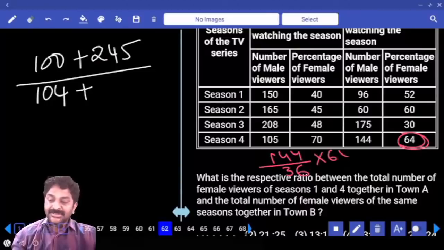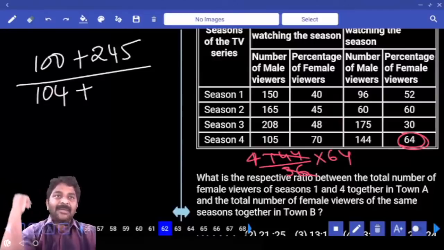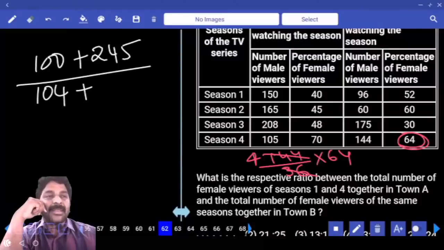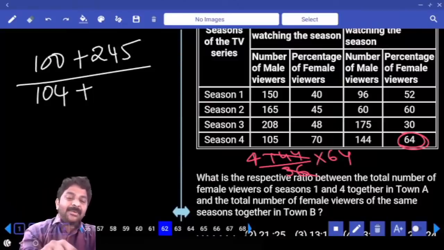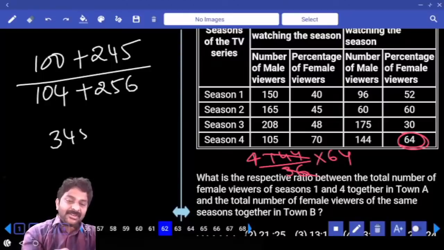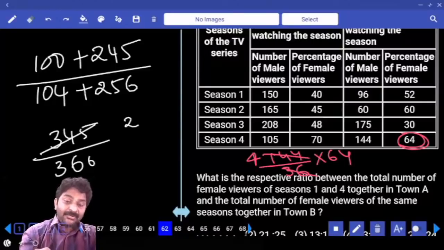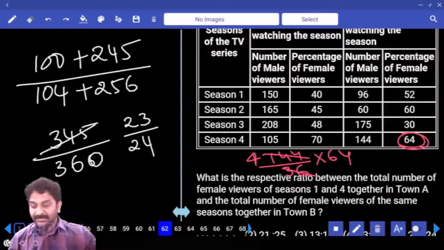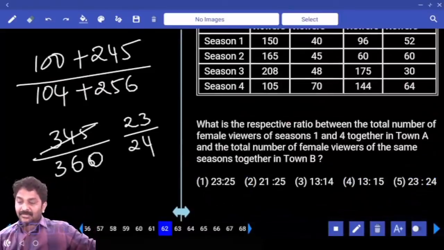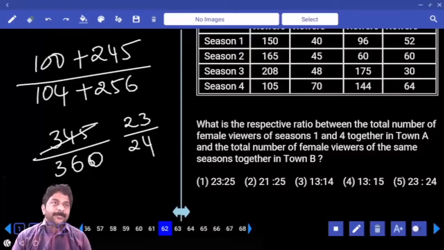Female into 64. 36, how many times? 4 times. 64, 4 times in the sense double only. 64 double, 128 double, 256. So numerator 345, denominator 360. Cancellation with 15: 23 times, and here it is 24 times. 23/24, fifth option.